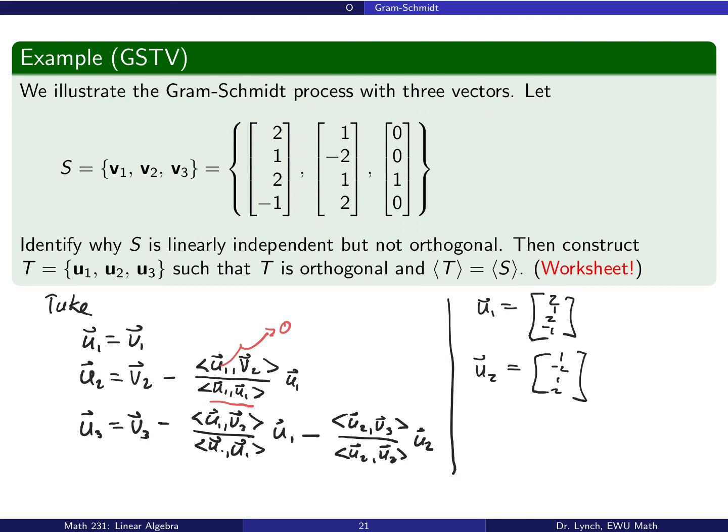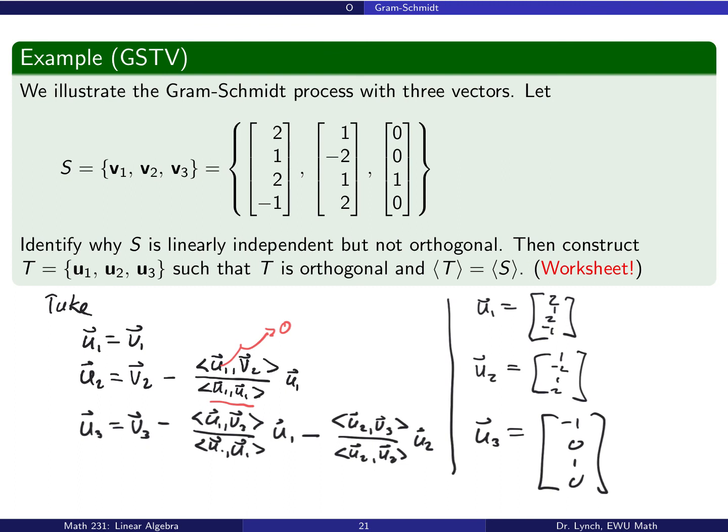Orthogonal sets are still orthogonal if we scale by a constant multiple in order to get rid of those fractions. So we'll take U3 equal to the vector (-1, 0, 1, 0). So I'll let you go ahead and verify that these three vectors are now orthogonal. And again, because of the theorem, it turns out that they have the same span.